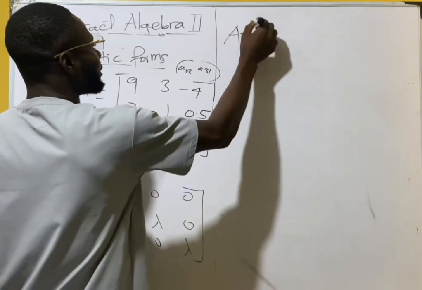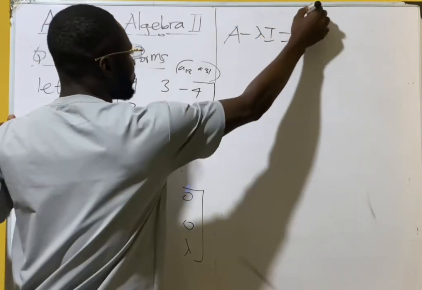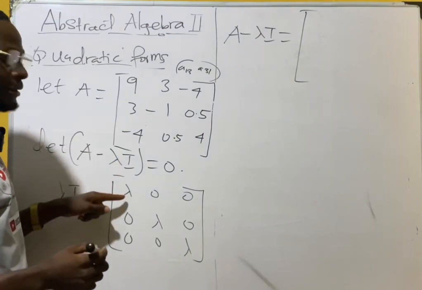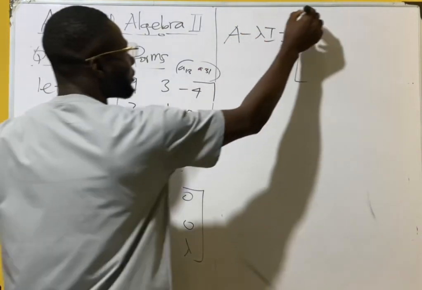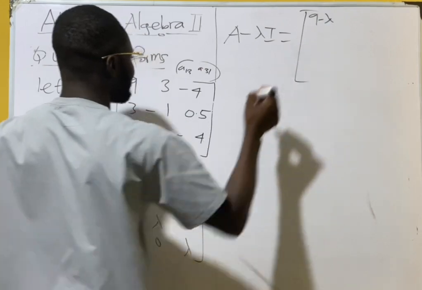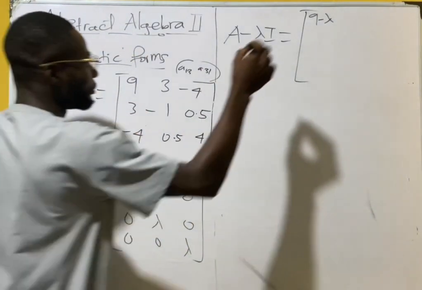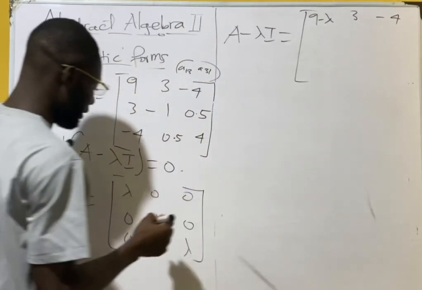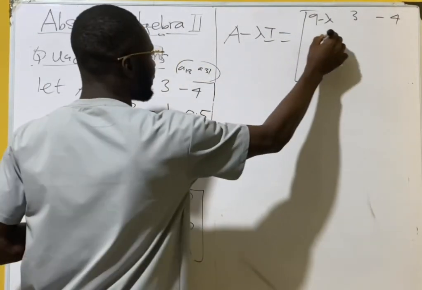So A minus lambda I will be equal to, let's do it straight away. 9 minus lambda is going to be what? 9 minus lambda. Then this part will remain the same, 3, 4. Then we have 3.